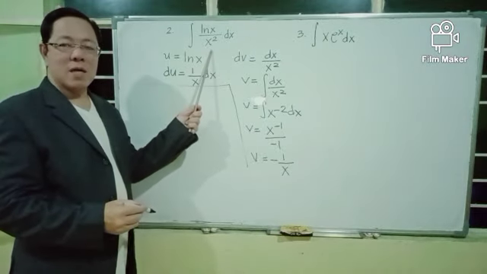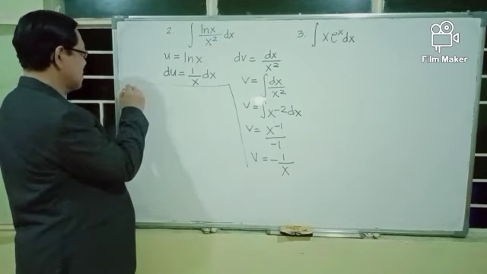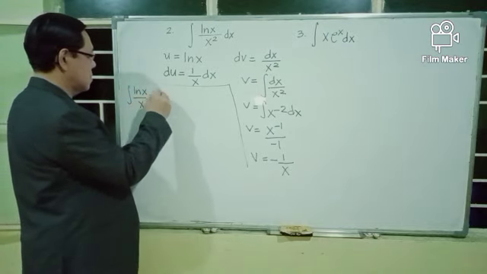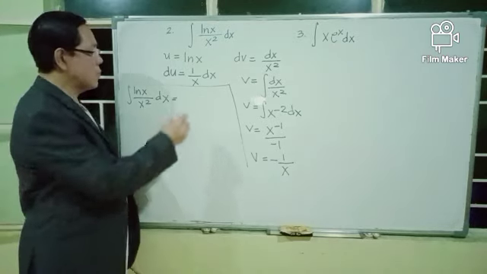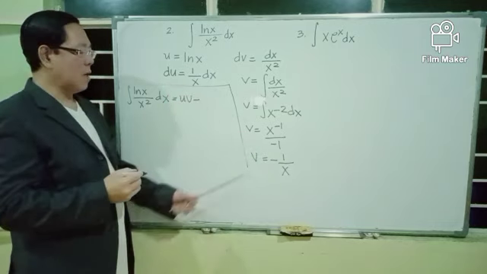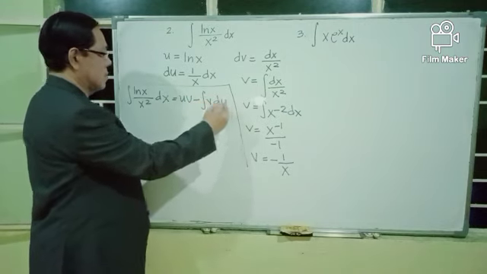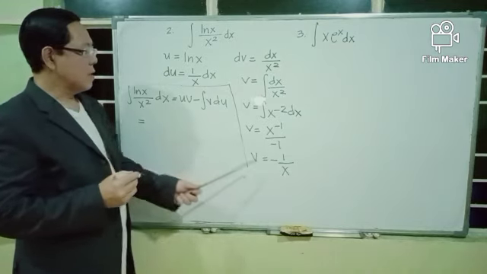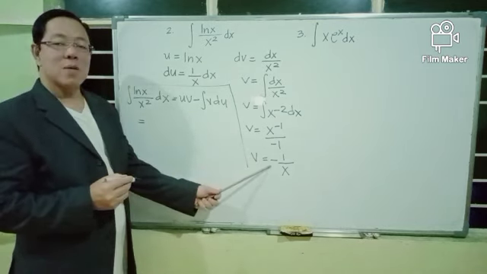Now, the given integral of ln x over x squared dx, by integration by parts, is equal to uv minus the integral of v du. And we substitute u multiplied by v. We have u, ln x, multiplied by v, negative 1 over x.